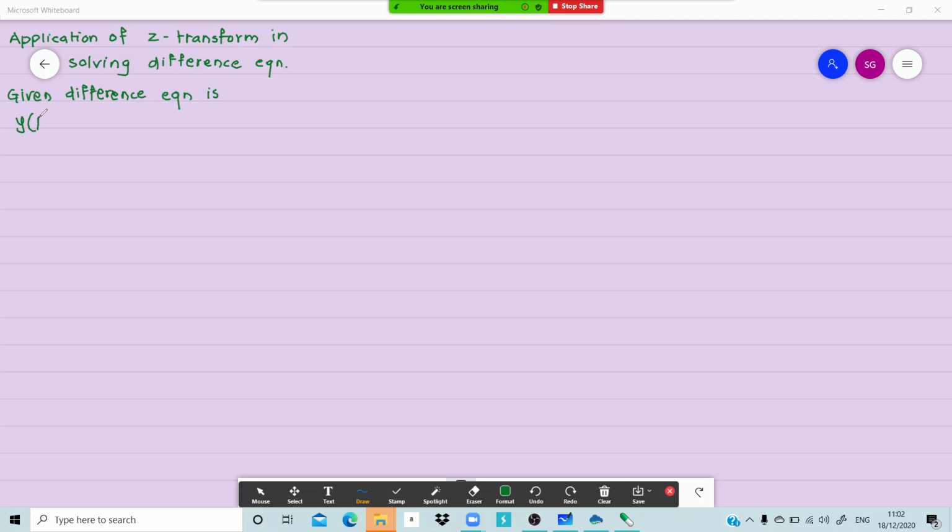So see, instead of n, now here k is used. Fine? That is just naming the sequence. Sometimes you'll find some of the books are saying n equal to 0 to n equal to infinity. Some of the books are saying k equal to 0 to k equal to infinity. Starting we have used this, but the numerical might be asked in this format. So you should be aware of both the things, right?